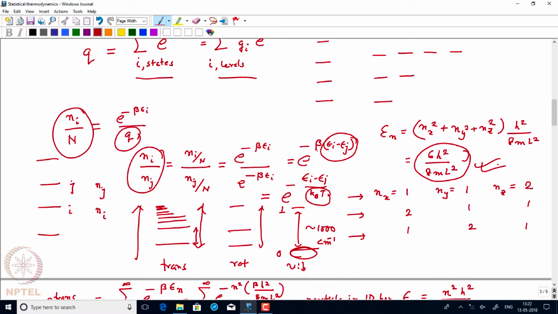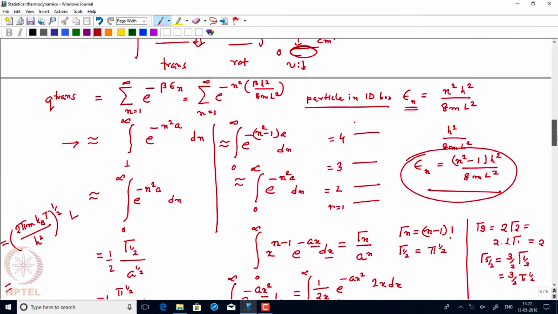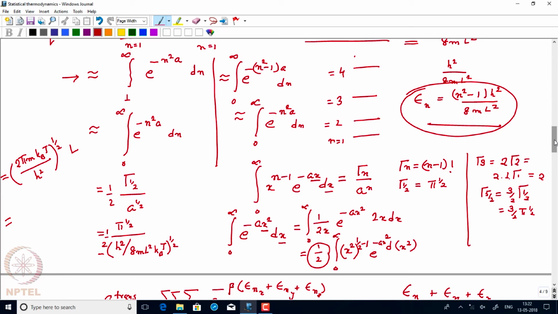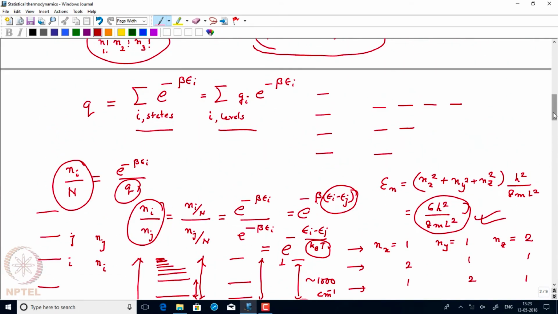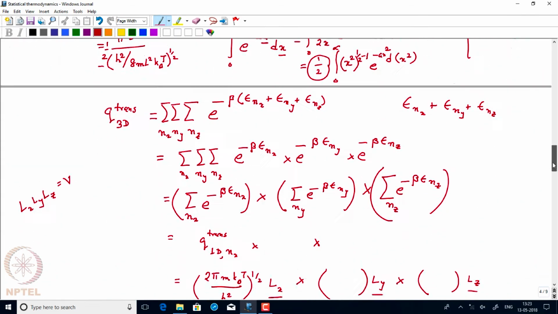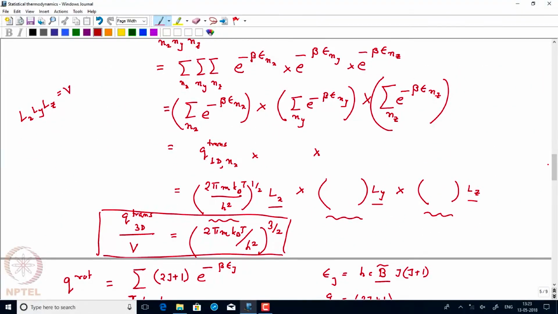But then we found that this is actually composed of 3 energy states. And how did we get it? Because the translational partition function in 3D is basically the addition of the energies of the 1D, and that's why the energies are additive. That's why the partition function came in a multiplicative way, and that's why we got the q to the power 3 by 2 term, which we derived at some stage.